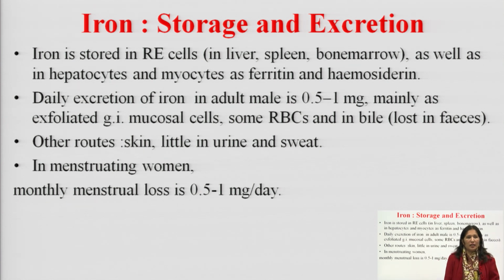Daily excretion of iron in an adult male is 0.5 to 1 mg, mainly as exfoliated GI mucosal cells, some RBCs and in bile, which is lost in the feces. Other routes of excretion are skin, and a little amount in urine and sweat. In menstruating women, the monthly menstrual loss is 0.5 to 1 mg per day.